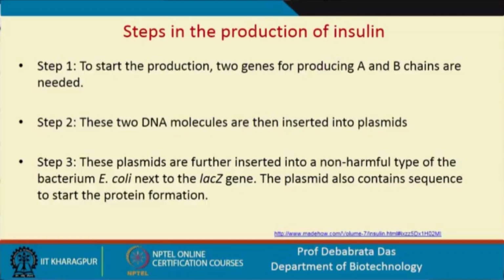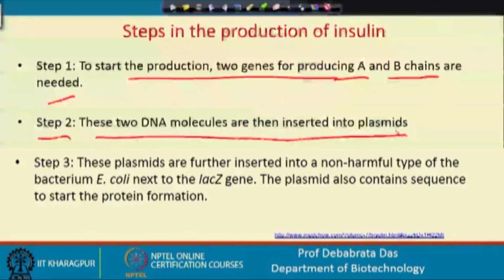In step 2, these two DNA molecules, which code for two different proteins, are inserted into the plasmid, and these plasmids are further inserted in the non-harmful type of the bacteria E. coli next to the LacZ gene. The LacZ gene is very important.